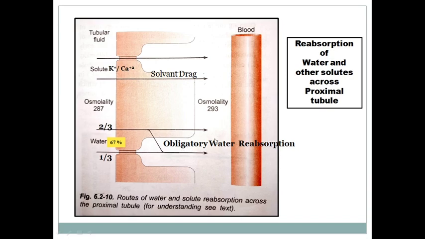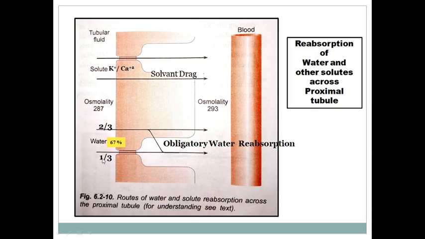This is obligatory water reabsorption because it is occurring because of the development of an osmotic gradient across the tubular epithelial cell and between the tubular lumen and interstitium. So 67% of total filtered water gets reabsorbed with the help of this obligatory water reabsorption. Out of that, two-thirds is reabsorbed via the transcellular pathway and one-third gets reabsorbed via the paracellular pathway.